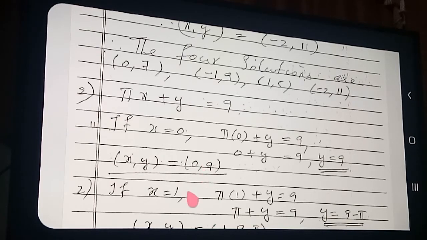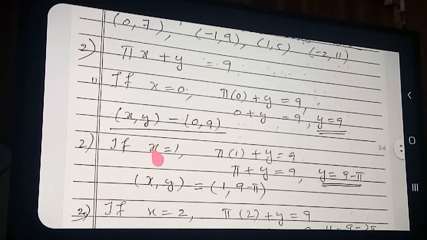First solution got. Okay. Take your rough notebook and do it along with the teacher. Then you will also get the idea, no? Now the second solution. See, if x is equal to 1, in the place of x you apply 1, pi into 1. Pi into 1 means pi only.